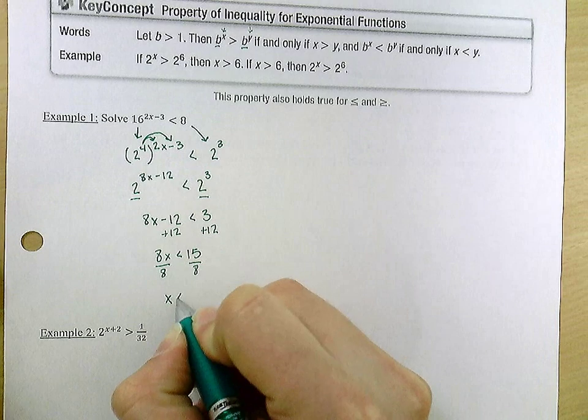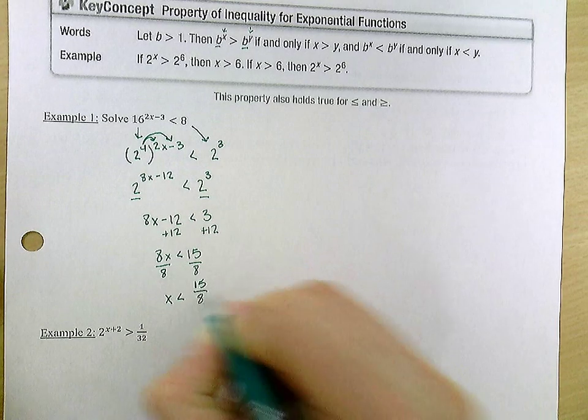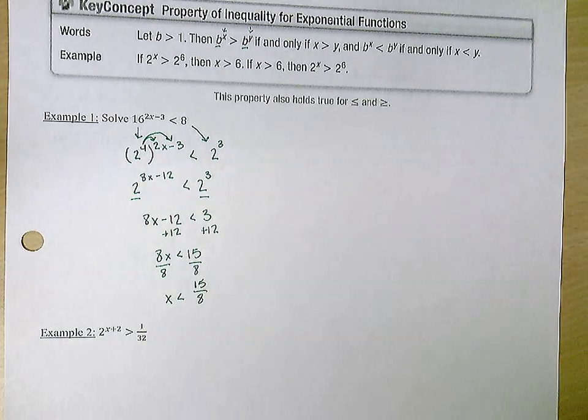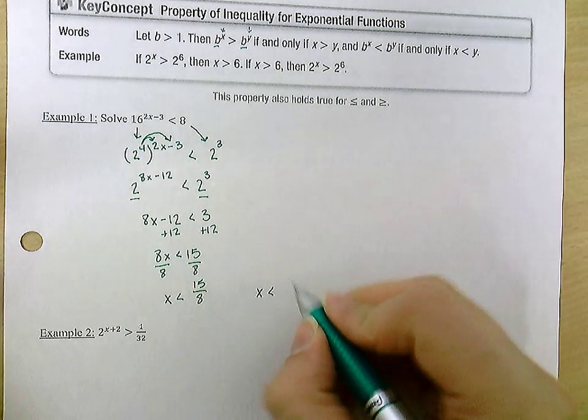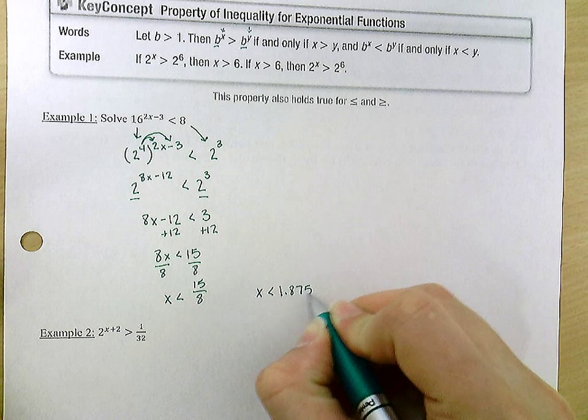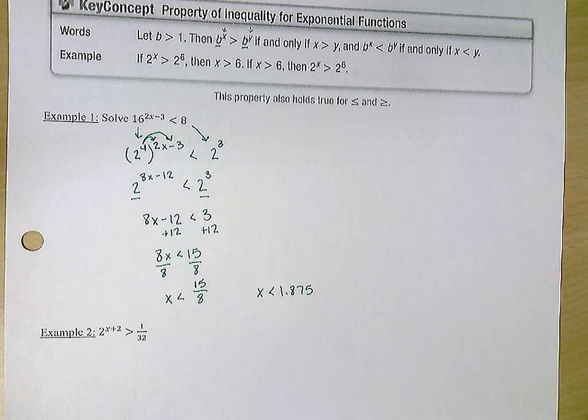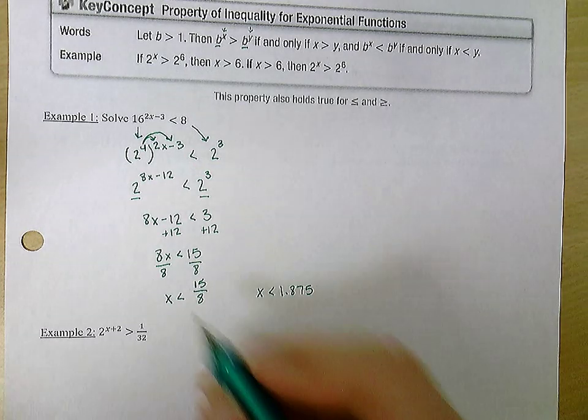So x will be less than 15/8, or if you put it into your calculator, you could also say x is less than 1.875. Either way, you can keep it as a fraction if you want, or you can write it as a decimal.